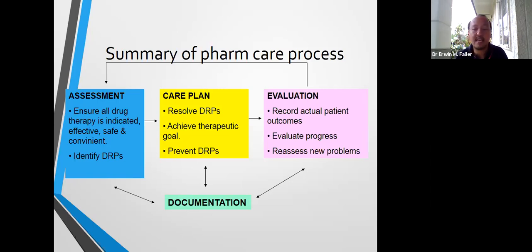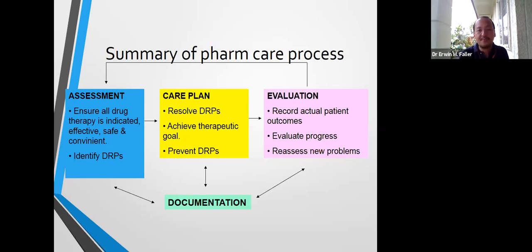Along the way with the assessment, care plan, evaluation, or the IAO, the intervention, the assessment, the action, and the outcome of our patient, we'll document all of this throughout the end of our patient's stay in the hospital or in the clinic.